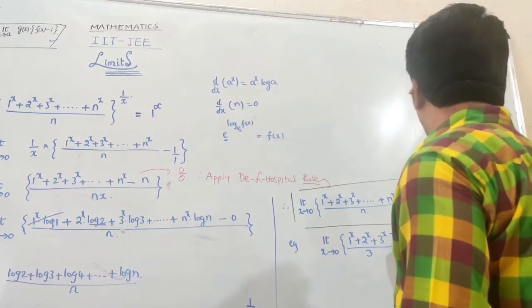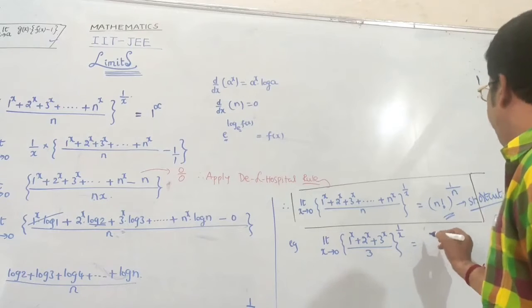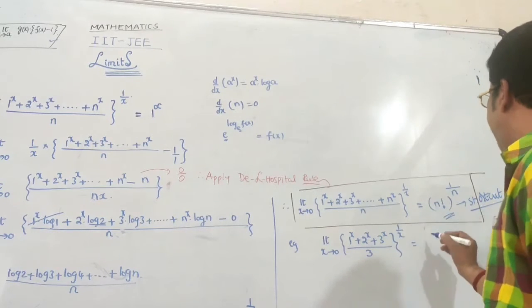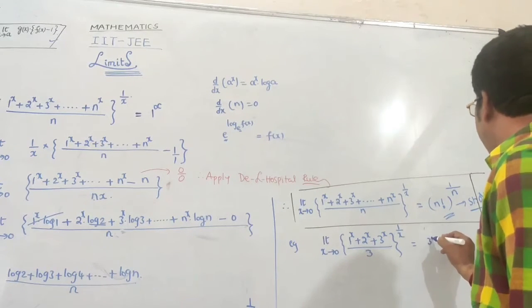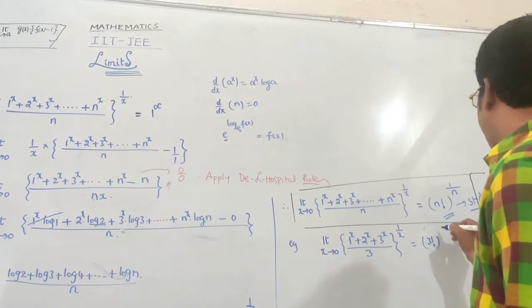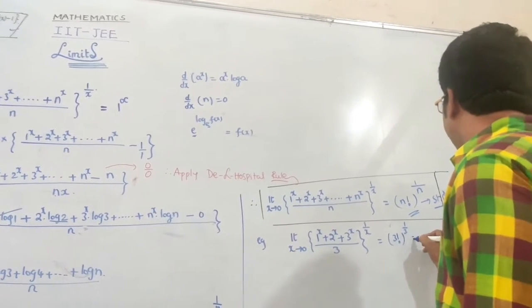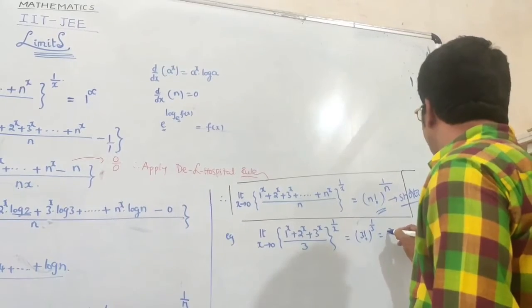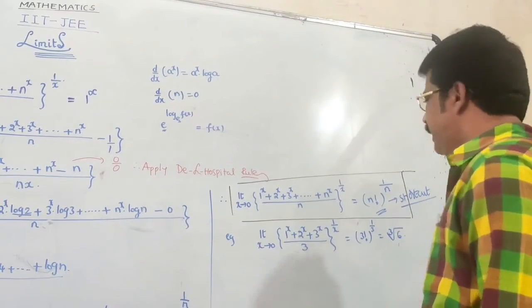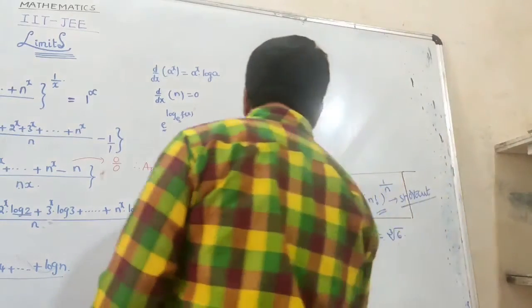It is whole to the power of 1 by x. Simply n factorial. N factorial means n equal to 3. It is 3 factorial whole to the power of 1 by 3. That is equal to 6, the cube root of 6. This is the answer.